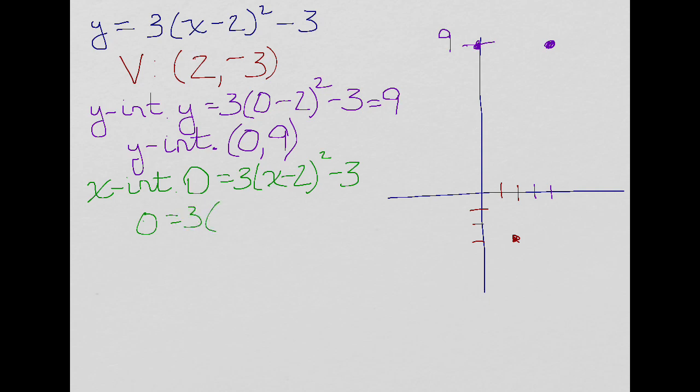is x minus 2 times x minus 2, x squared minus 4x plus 4. If you can do that in your head, that's wonderful. If you can't, write it out. X minus 2 times x minus 2, and that's what you should get. Now I'll distribute the 3 through there.